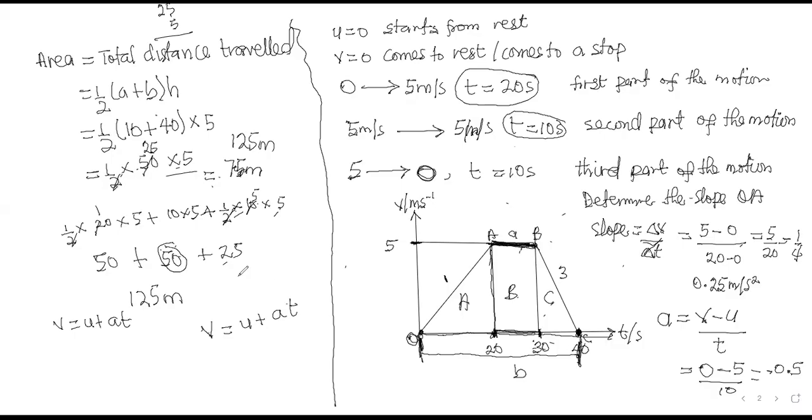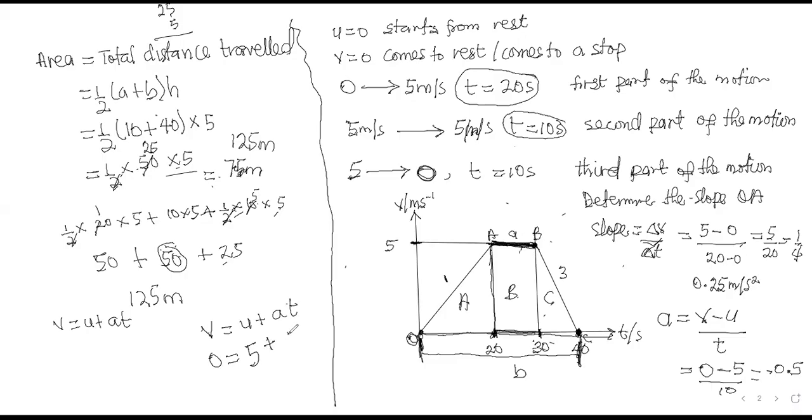So V is 0 because the body has come to a stop. What is the initial velocity of the body just before it began to decelerate? 5. So U is 5.